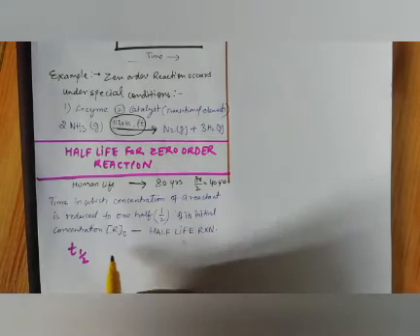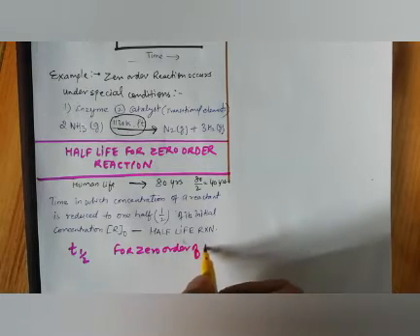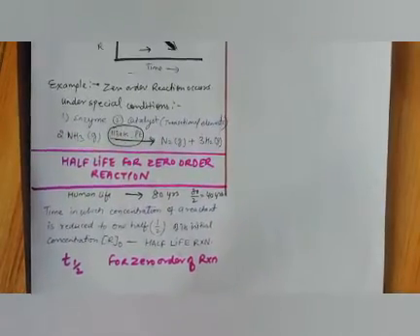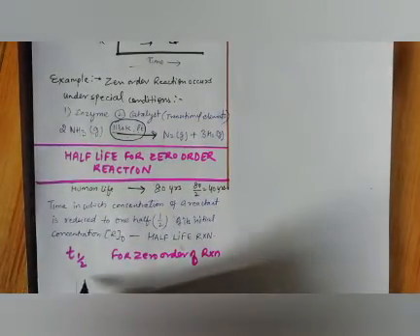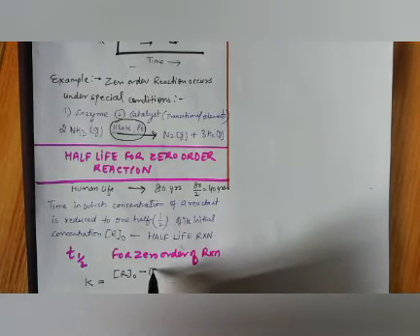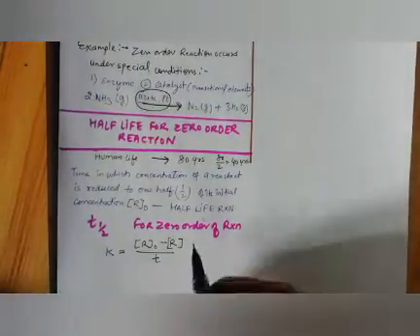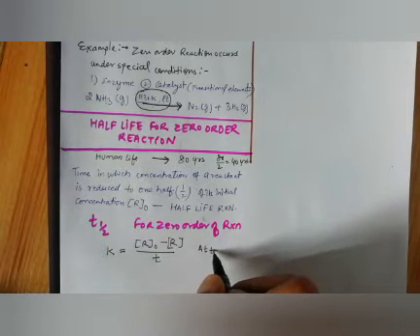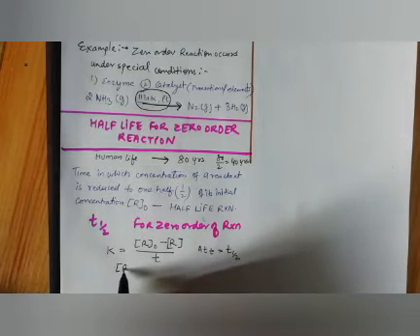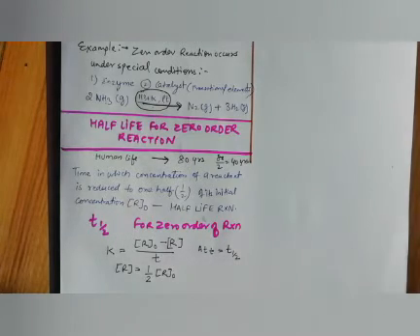So for a zero order reaction, T half is found as follows. We have found that the formula for a zero order reaction is K is equal to R naught minus R upon T. Now if we are talking about T half, R will also change into 1/2 R naught.